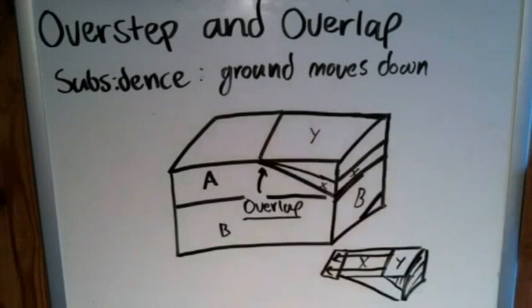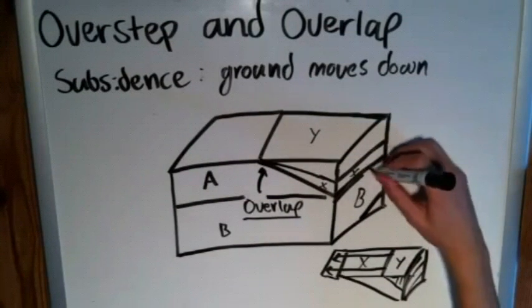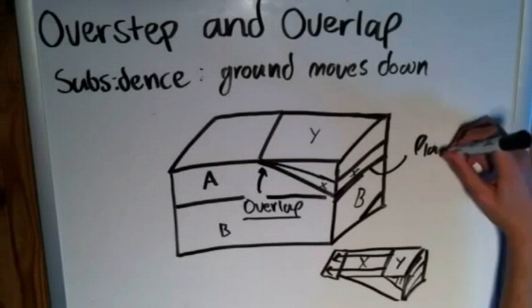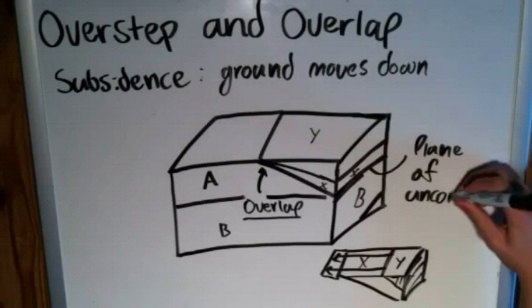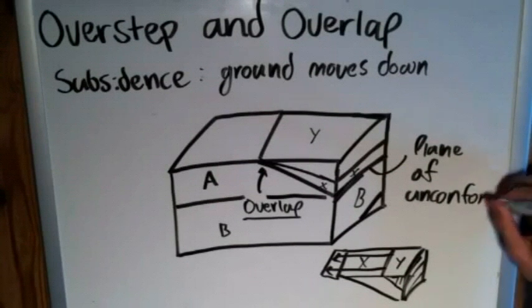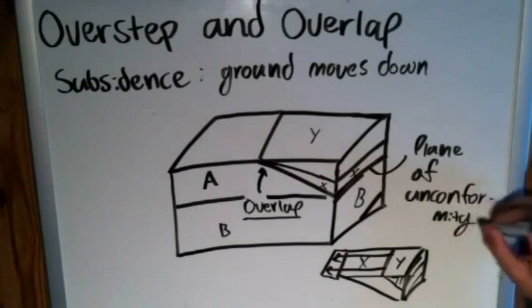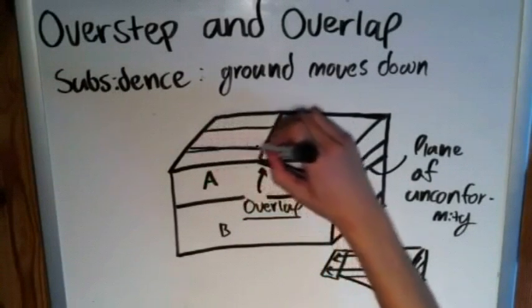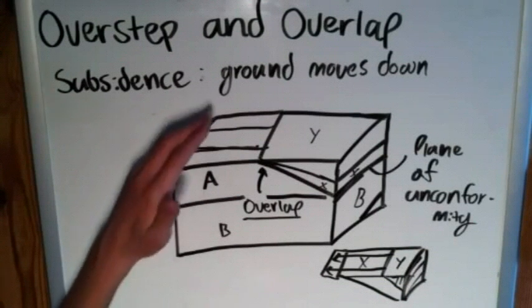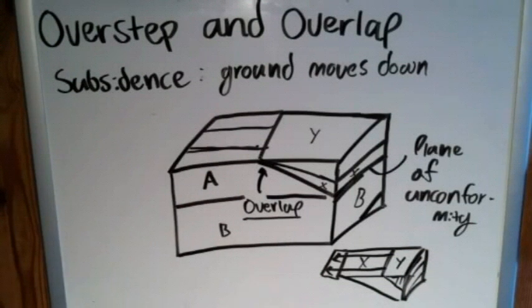So they're, once again, at a different angle, and so this right here would be a plane of unconformity. And in this case it would be an angular unconformity. And once again we'd have small layers up here, once again at different dips from Y and X, to show that yes, these strata are completely uneven, and therefore there is an unconformity. In order for this to occur, you must have an unconformity first.